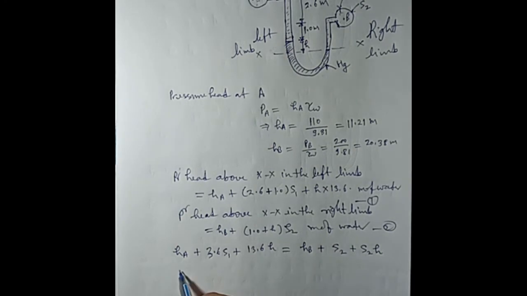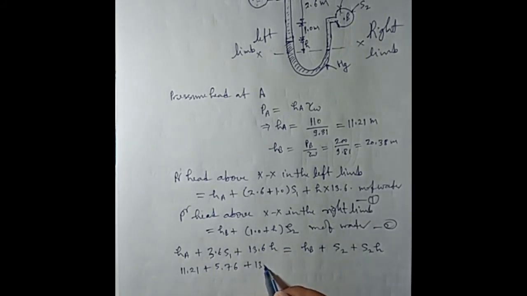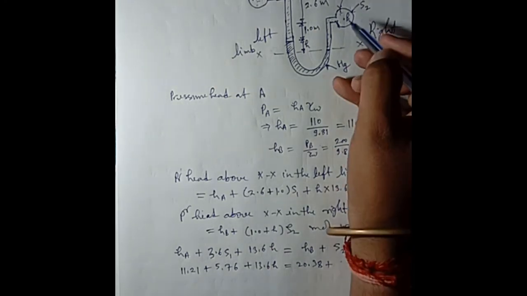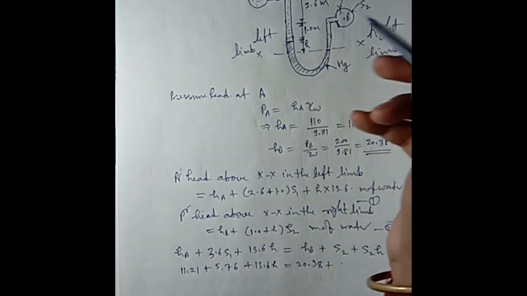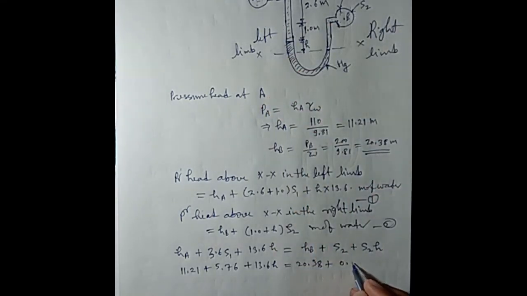Solving and putting the values, 11.21 plus 5.76 plus 13.6 H is equal to 20.38 plus S2. This is the specific gravity of liquid 2, which is 0.8, plus 0.8 H.